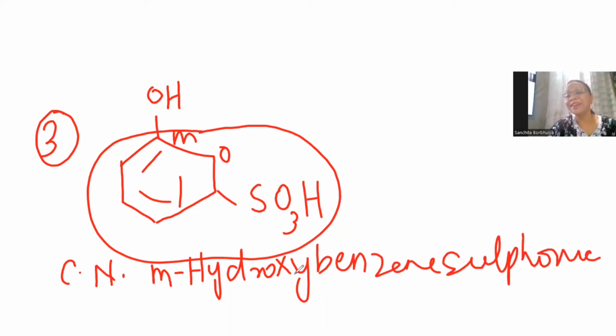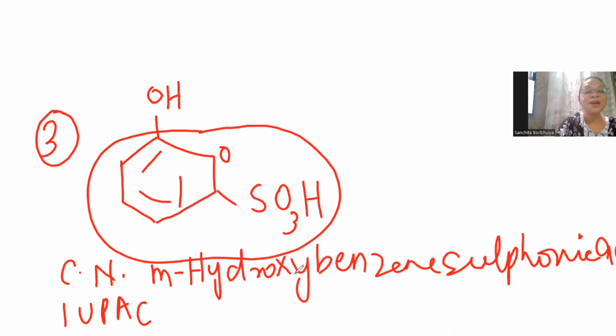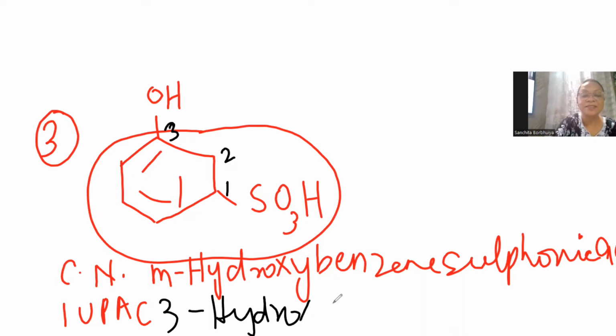Big names. And the IUPAC name of this compound, I think now you are familiar with the numbering. So this is 1, 2, and 3. So, yes, if you have guessed it, very good. So it is 3-hydroxybenzene sulfonic acid.